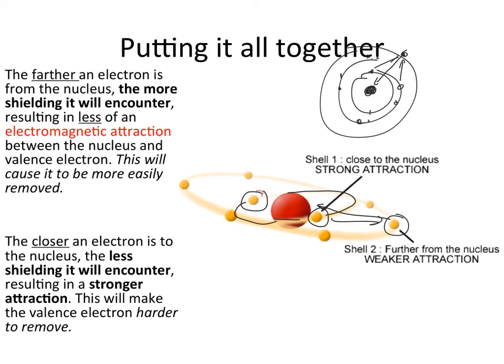The electrons in that front row have an uninhibited view of the nucleus and don't have to go through any kind of shielding, because there are no inner electrons. So that means it's going to result in a stronger attraction. This is going to make these electrons, which are not the valence electrons but the inner electrons, harder to remove because they're more strongly attracted to the nucleus and there's no repulsion from inner electrons.